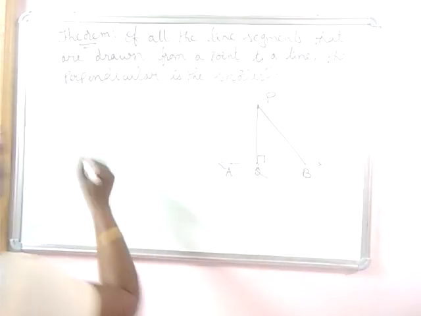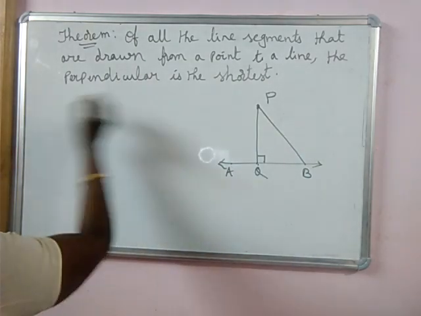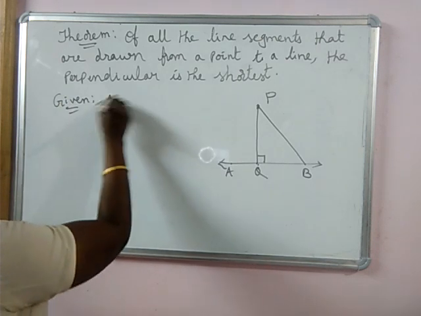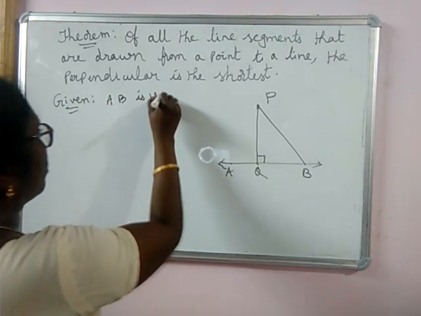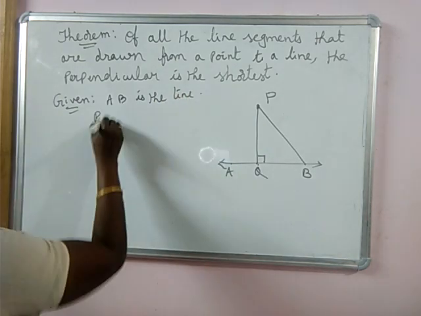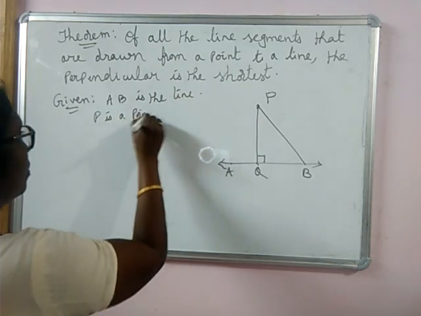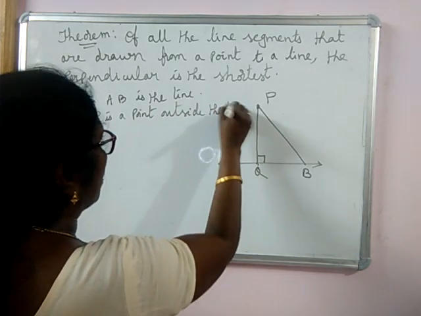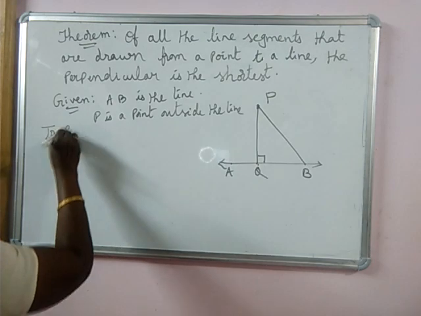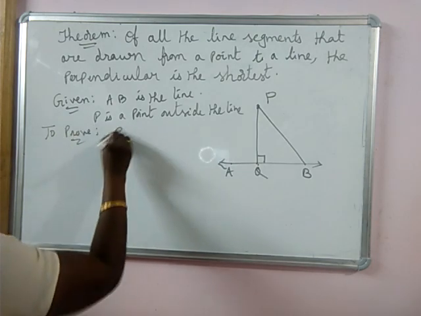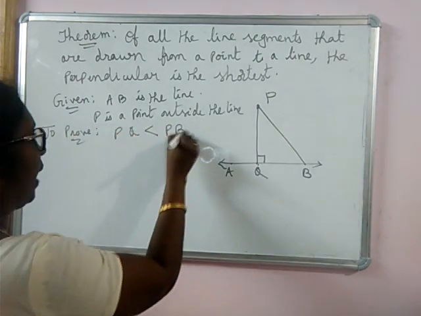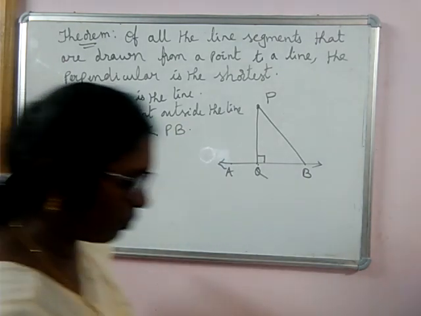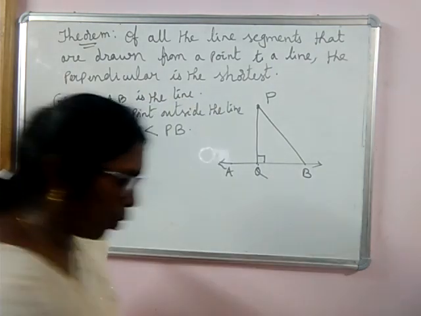How to prove it? What is given is that P is a point outside the line AB. You have to prove that PQ is smaller than PB.